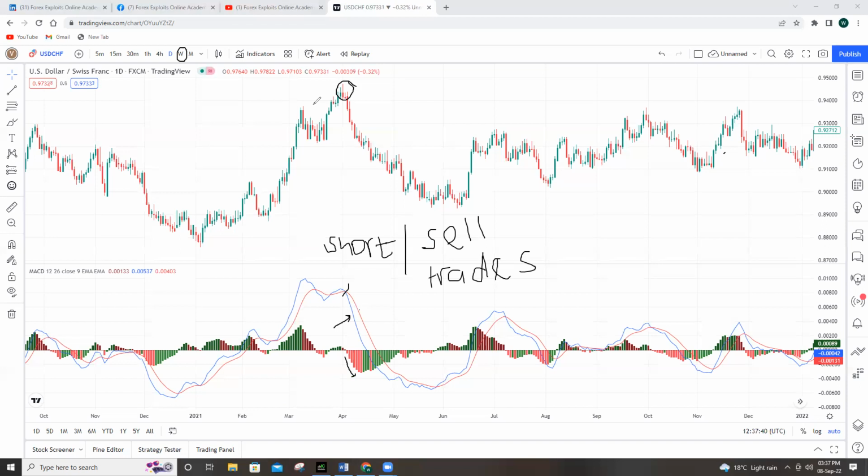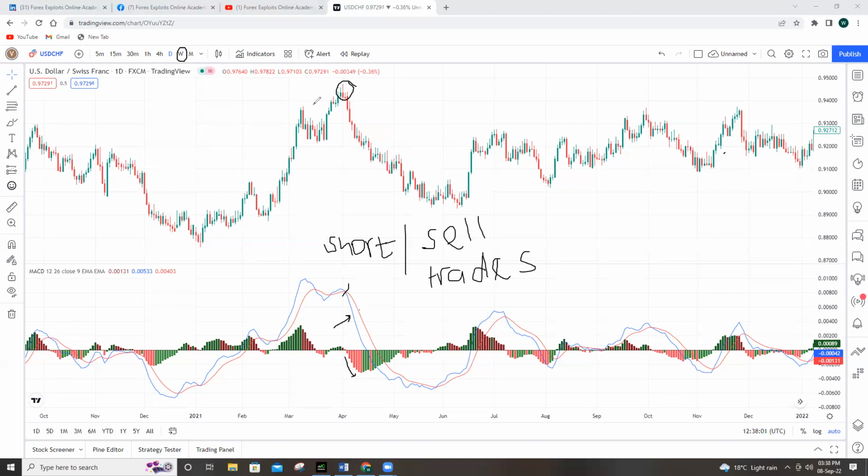The opposite is true: if you go to a higher time frame and you identify a cross between your MACD and signal line to the top side with divergence and also the histogram going above the zero point, then you go to your lower time frame and only identify the buy trades.